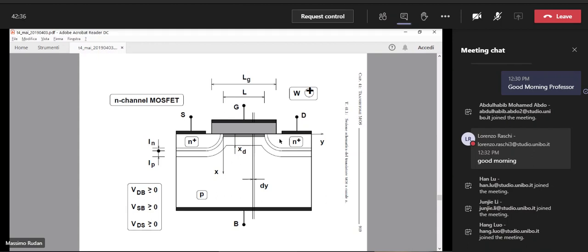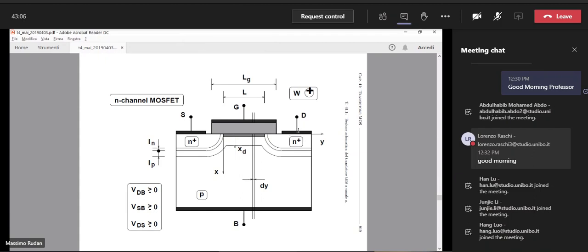So the diffusion proceeds not only in the vertical direction, but also in the lateral direction. So the N+ region goes under the gate, both on the right side and on the left side. Okay. And this is important for the correct functioning of the device.